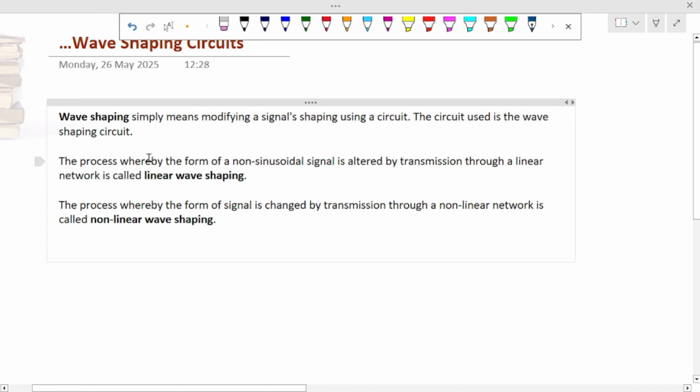But the process whereby the form of a non-sinusoidal signal is altered by transmission through a linear network is called linear wave shaping. If the form of the signal is changed by transmission through a non-linear network, that is called non-linear wave shaping.